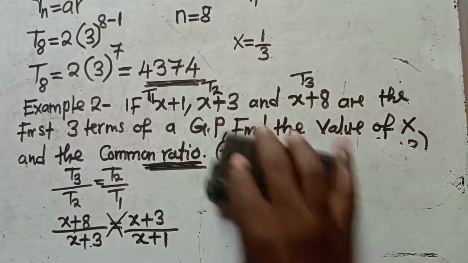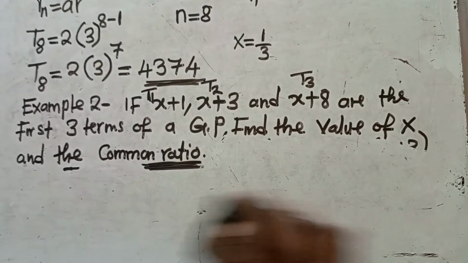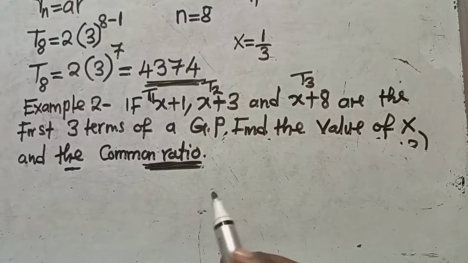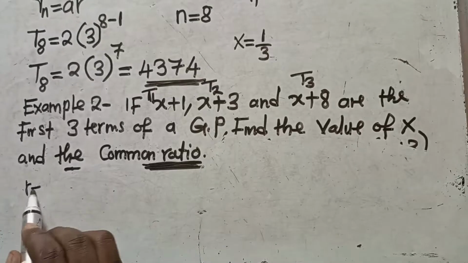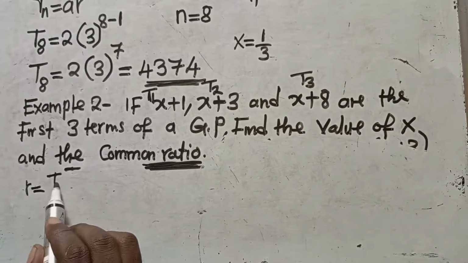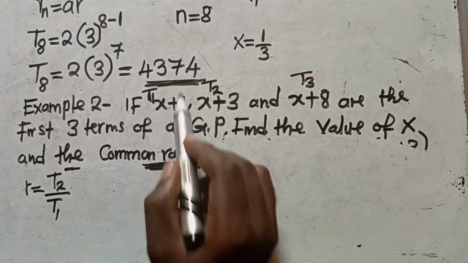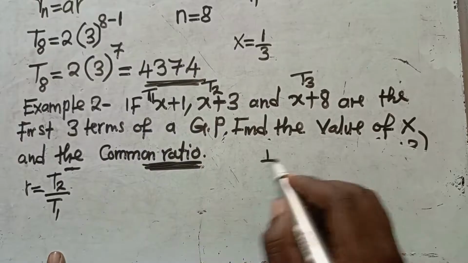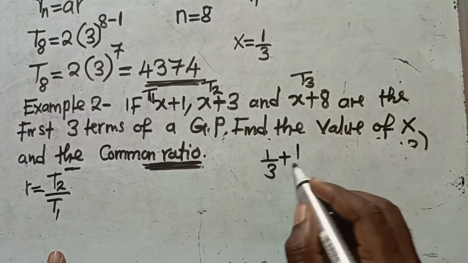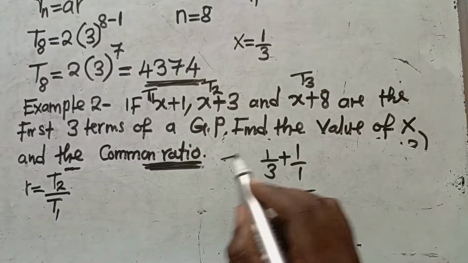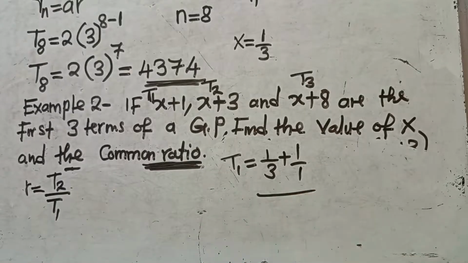So let us find the common ratio. How can we find the common ratio? We know that common ratio is equal to T2 over T1. For T1, we know that x is 1 over 3, plus 1. So over 1 we write, this is term 1. We want to find just one number.